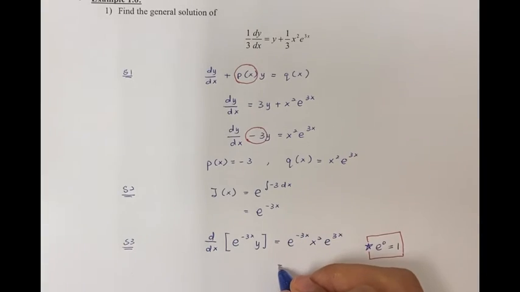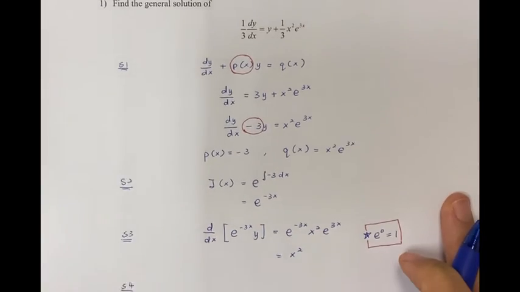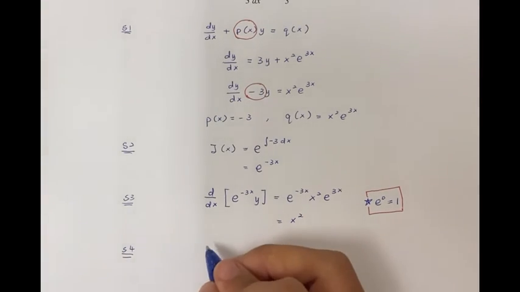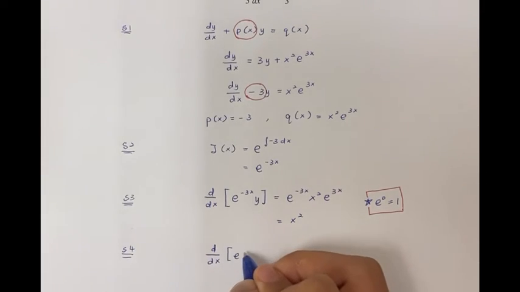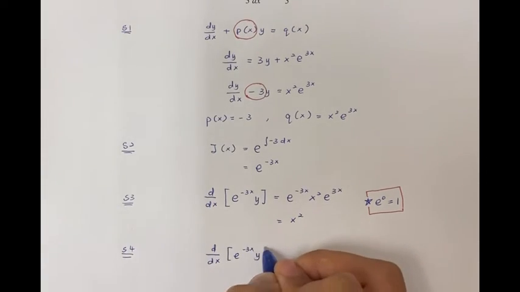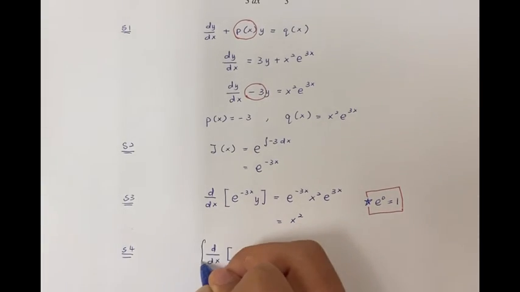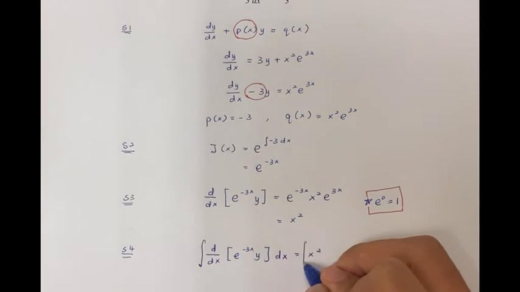So this is equal to x squared. Okay, so next in step 4. In step 4, you need to integrate both sides. So you have d over dx of e^(-3x) y equal to x squared, and then you need to apply integration with respect to x on both sides.